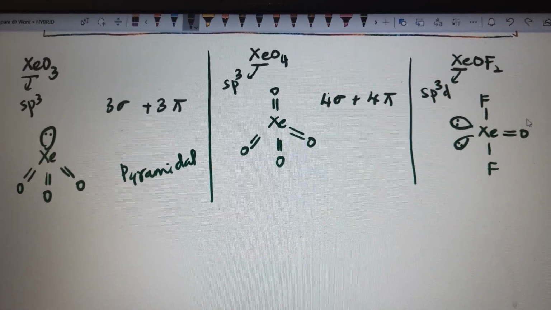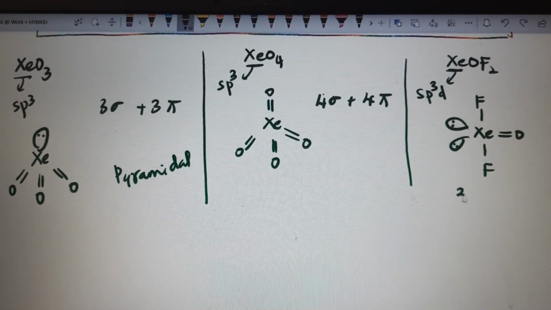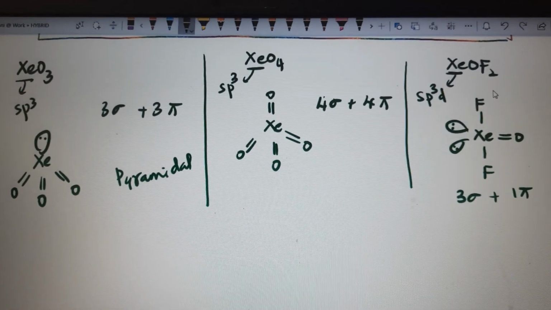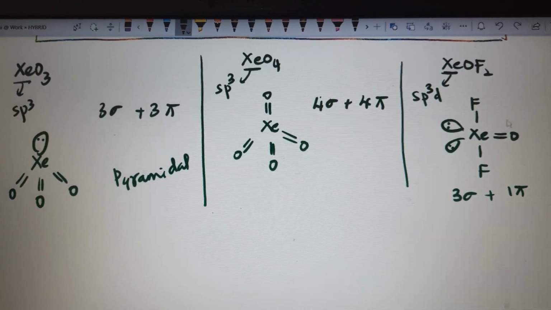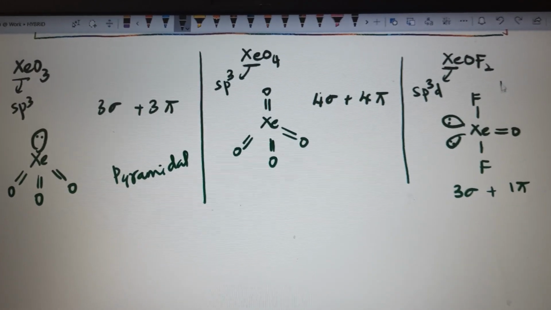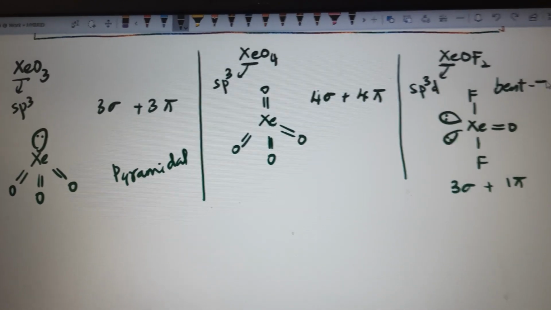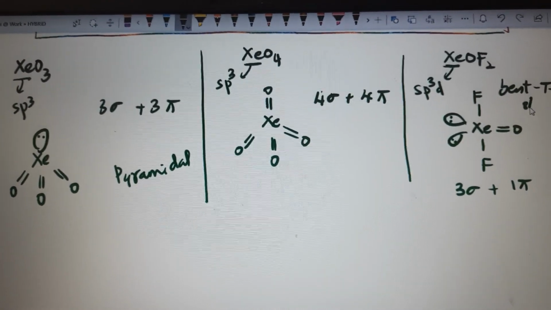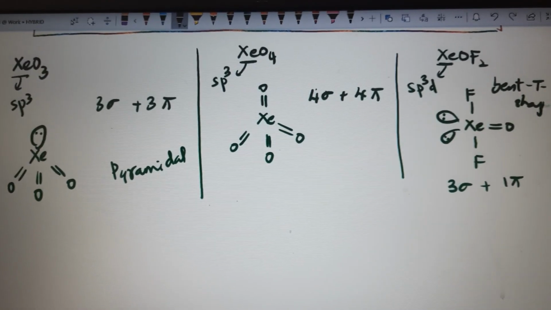One pi bond is there, so 3 sigma and 1 pi. That one pi bond is dπ-pπ. This is a bent T shape, derived from a trigonal bipyramidal arrangement.